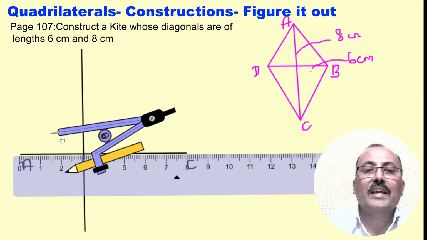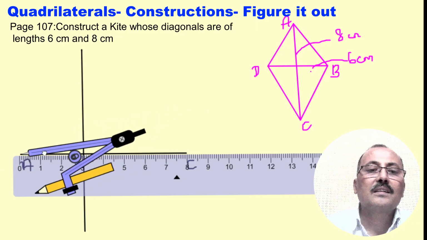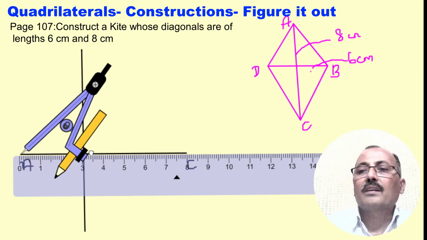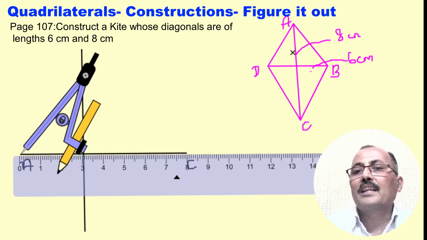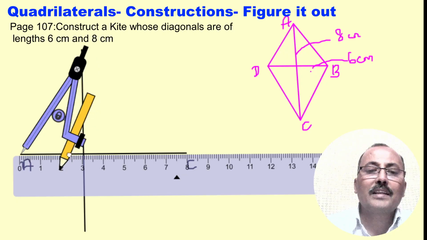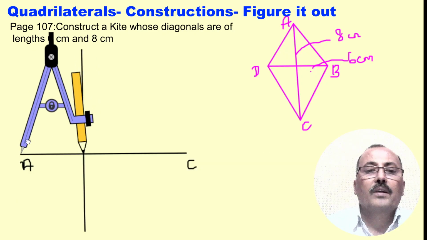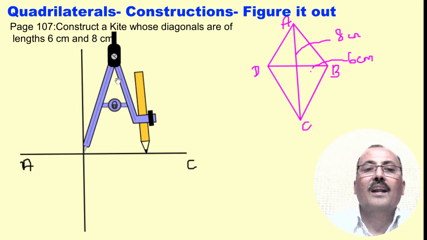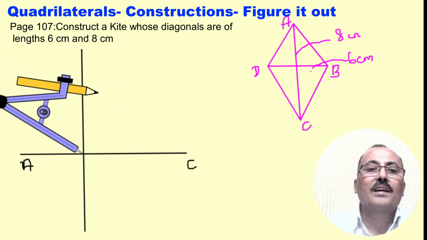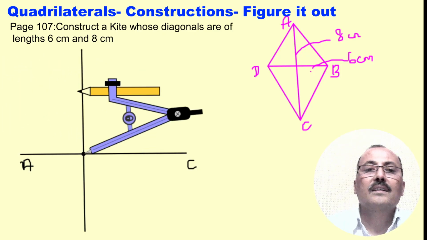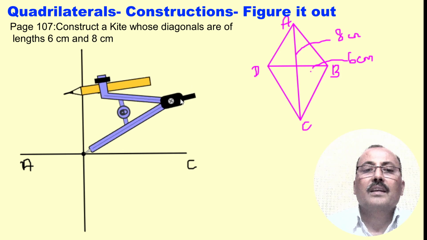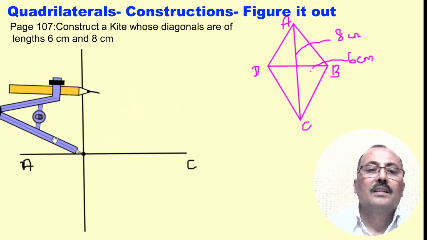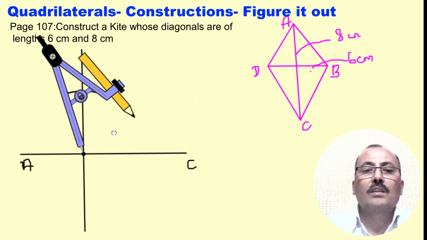How much do you have to take? Arc of 3 centimeter. Why? Totally DB is 6 centimeter, so I will take 3 centimeter. I'll keep at the center and draw an arc of 3 centimeter here. Next, I have to draw down also.